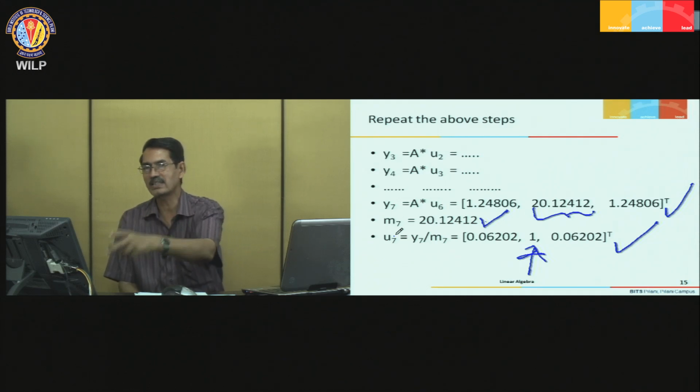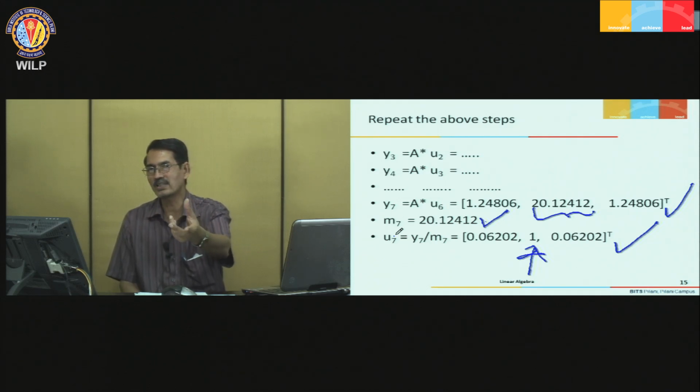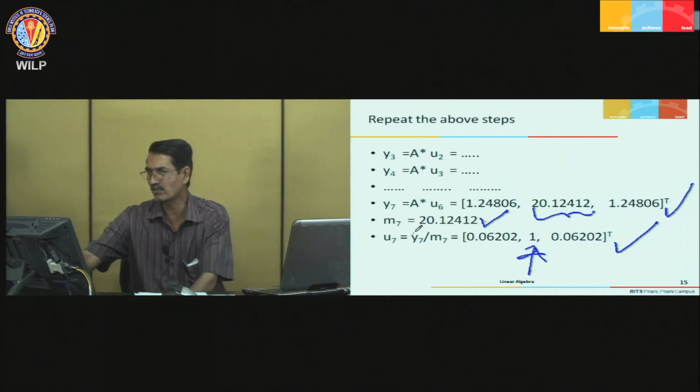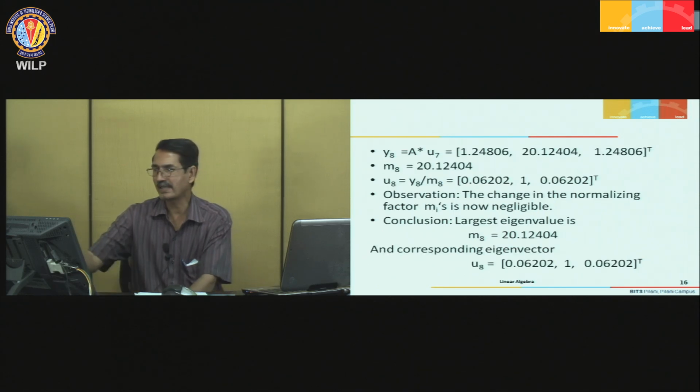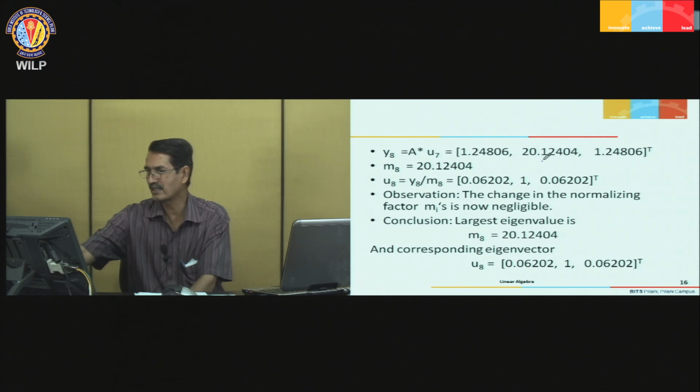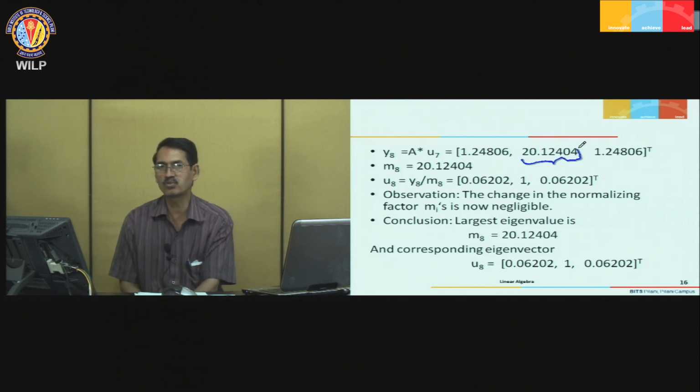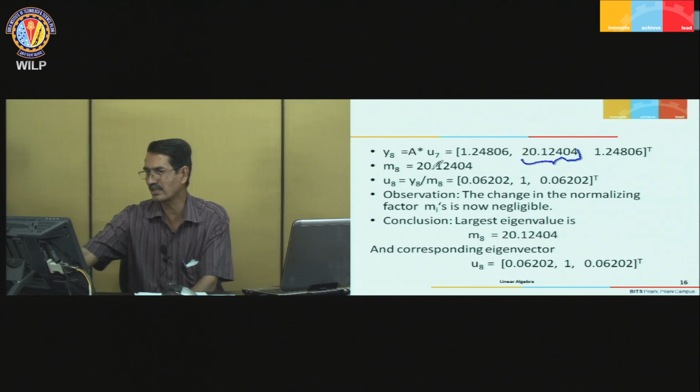Again see what m3, m4, m5, m6 and so on are, those are the normalizing factors. m7 we are getting here is 20.12412. Now, calculate y8 as A into u7, it is again 20.12404. Look here, this is the largest quantity. So, again m8 is 20.12404.